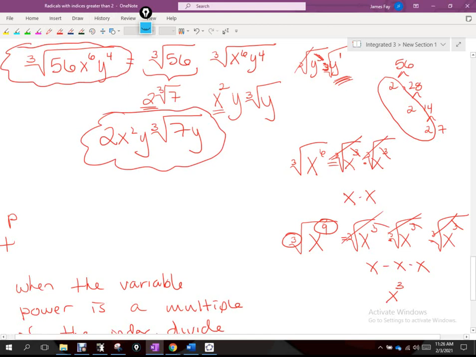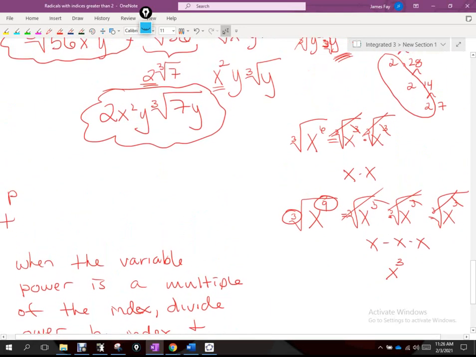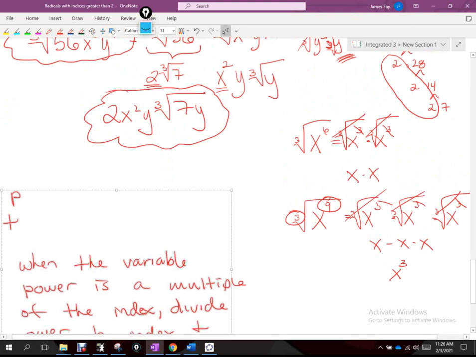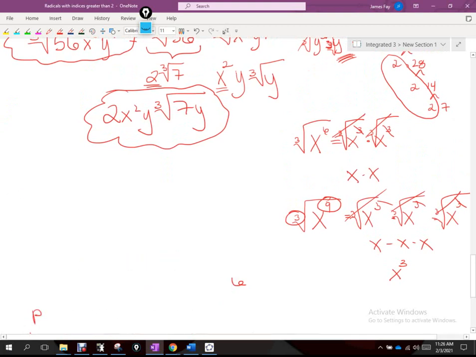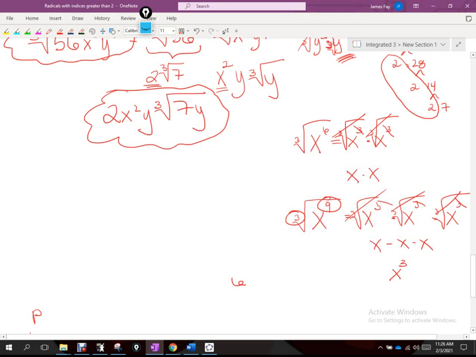What I'd like to do is take a moment and look at just some simpler variable components and different indices to see if we get the hang of this. If I have, let's just go the cube root of, let's say, y to the 7th right now.